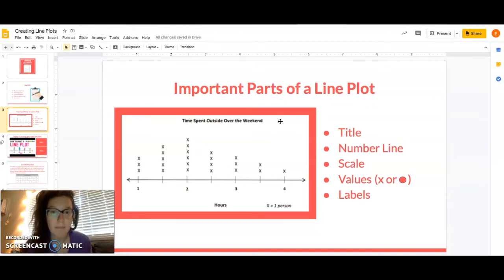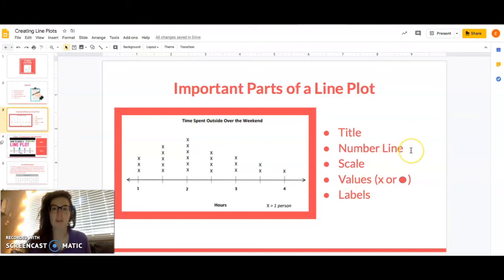So in this line plot, the person who created it was trying to tell us about the amount of hours that each of the people represented by an X spent outside over the weekend. So, for example, each of these X's represents one person who spent an hour outside over the weekend.